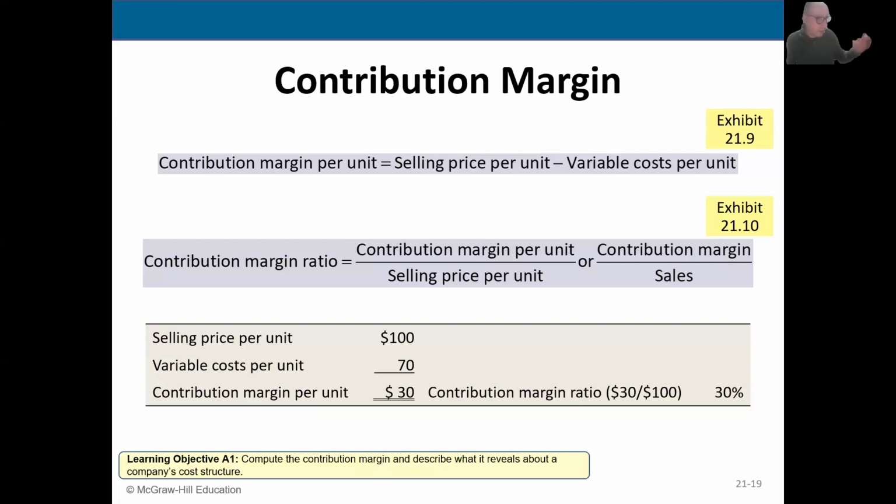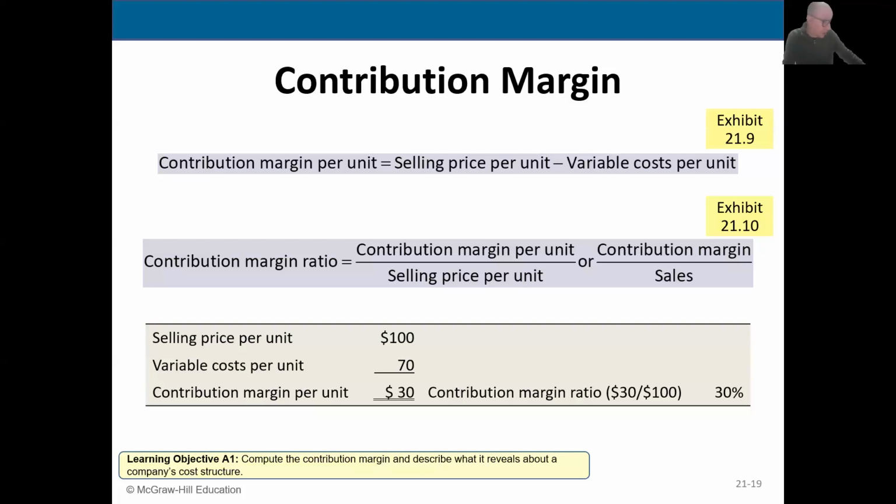Now that I know what the contribution margin per unit is, I can also compute what we call the contribution margin ratio. This shows us the percentage of each sales dollar of profit, basically, after deducting the variable cost. The way to calculate that is we take the contribution margin per unit divided by the sales price per unit.